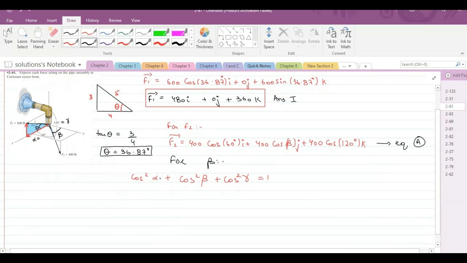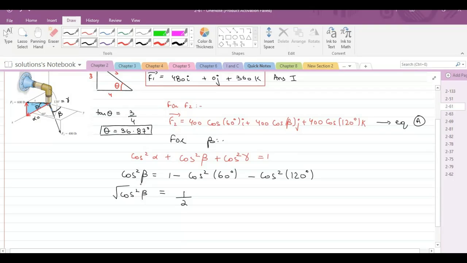From this identity, we know alpha and gamma. So cos square beta is going to be 1 minus cos square alpha, and alpha is 60 degrees, minus cos square gamma, and gamma is 120 degrees. When you solve it and simplify it, cos square beta becomes 1 upon 2.